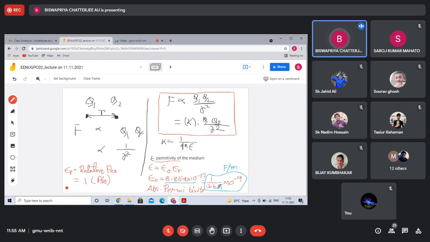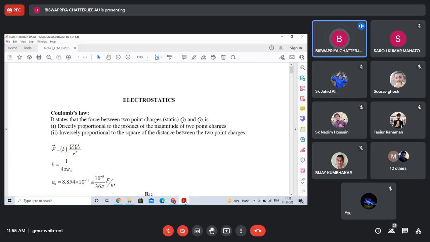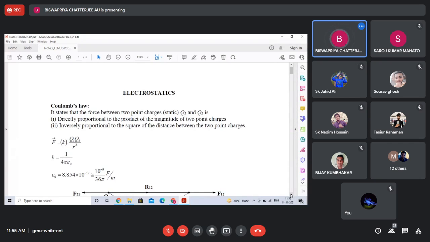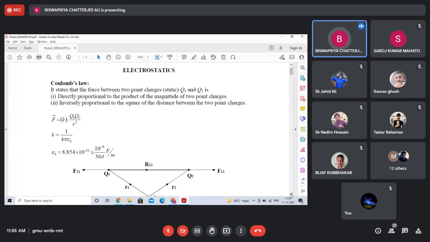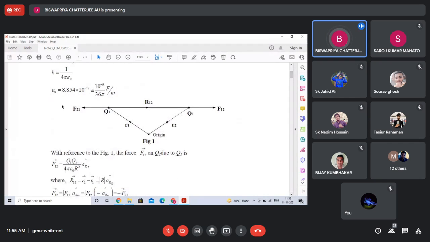So what will be the mathematical expression? It is given in this form as I mentioned here. Now please concentrate on this figure. There are two point charges Q1 and Q2, and this is the origin.